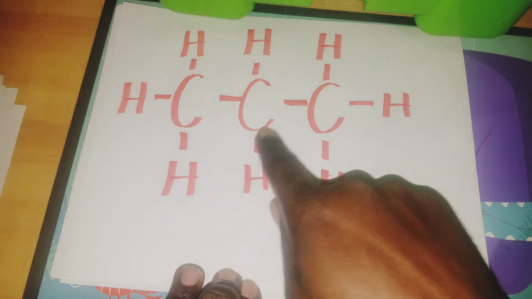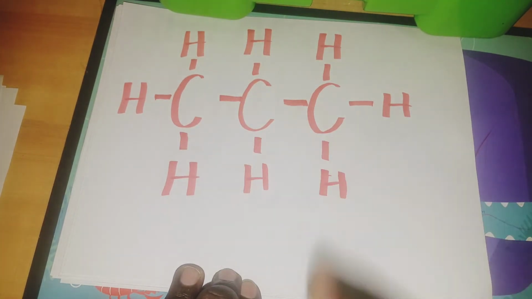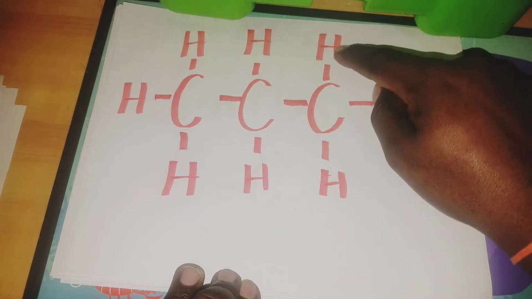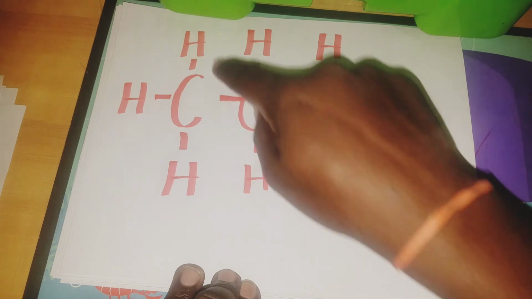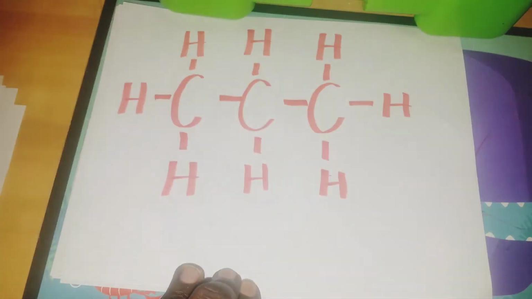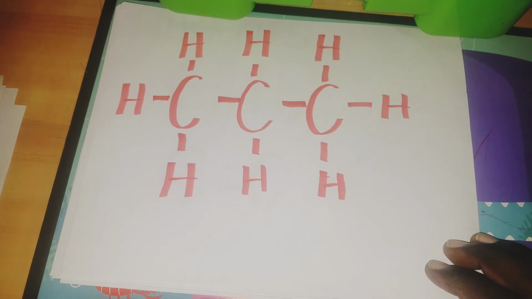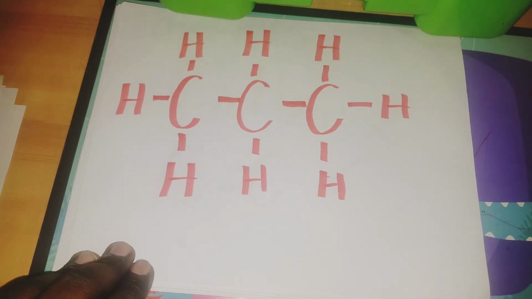So this has 3 carbons. 2 times 3 is 6, plus 2 is 8. So let's check to ensure that we have 8 hydrogens. 1, 2, 3, 4, 5, 6, 7, 8. There you have it. So we know that this is an alkane because it fits the two things, the general formula and the functional group.